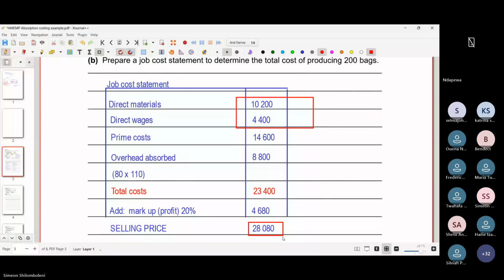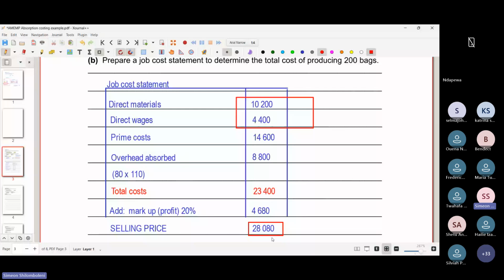If you buy the ingredients and bake the cake yourself at home, it will be way cheaper compared to what you have paid. So most of the products that are being sold out there have overheads that are absorbed and they also have profit. That's why you see the price actually doubled. So that is how it is everywhere.